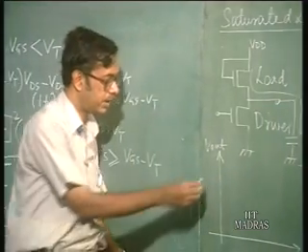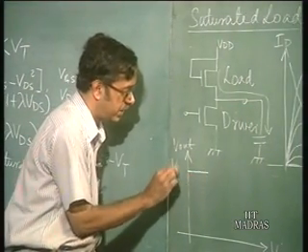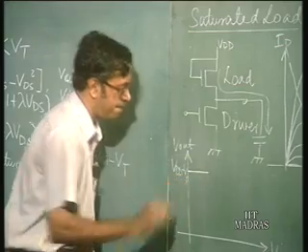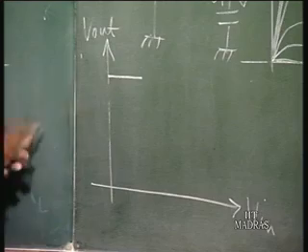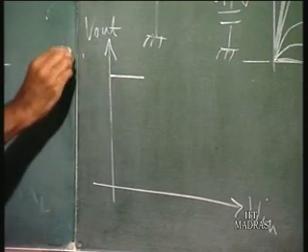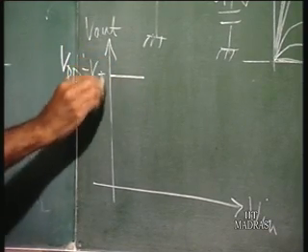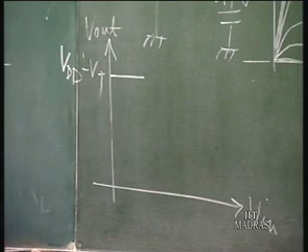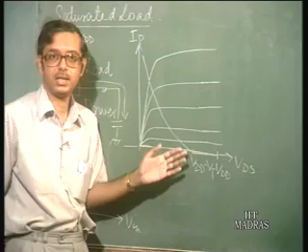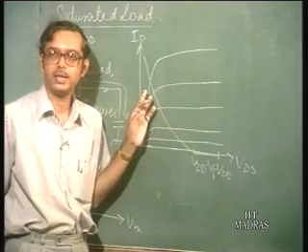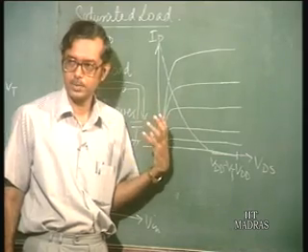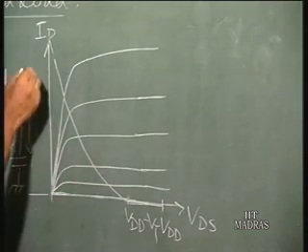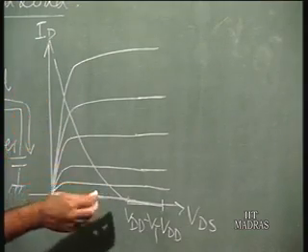So, the output voltage is actually VDD minus VT. And then of course, the situation is quite similar to the inverter with a resistance load. It is not really a straight line, but it is quite similar.